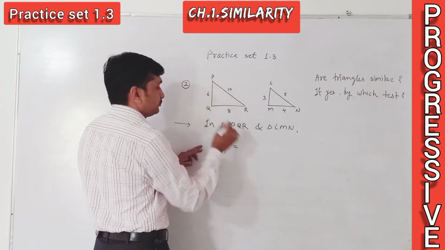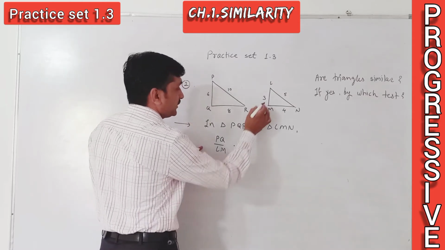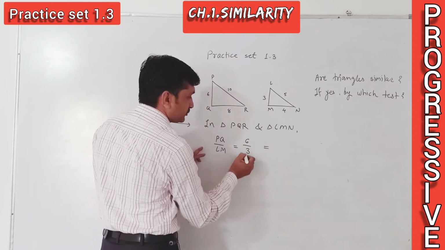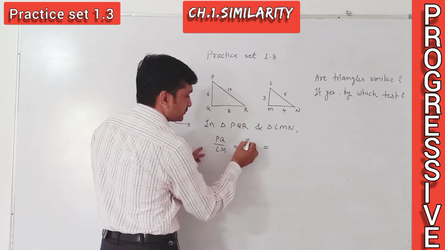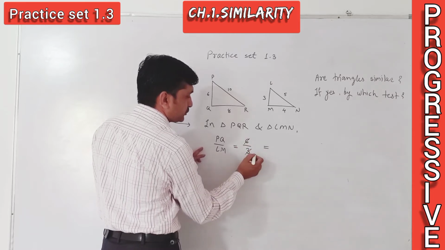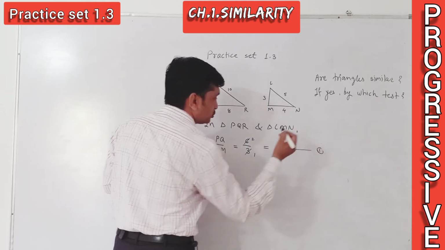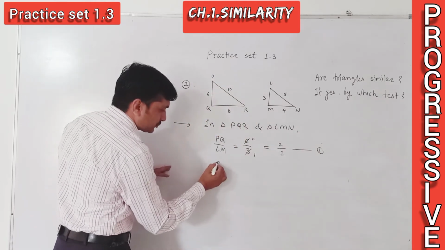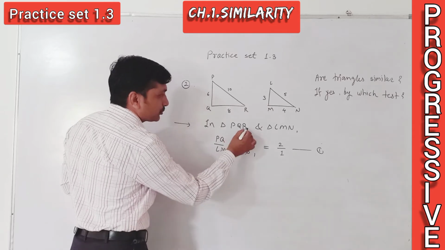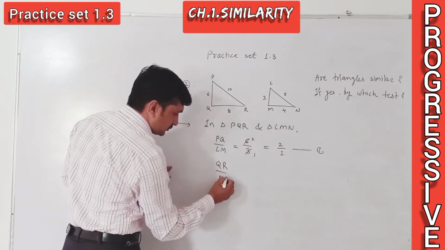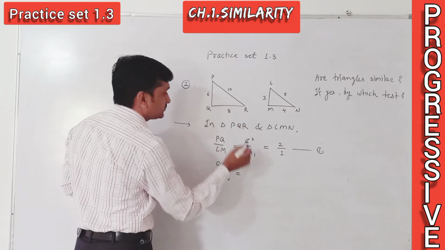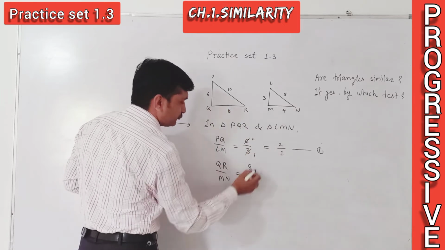Find the value. PQ is 6, LM is 3. We can reduce by 3. 3 twos are 6, 3 ones are 3. First ratio is 2 upon 1. Second pair: QR. The corresponding of QR is MN. QR length is 8, MN is 4.